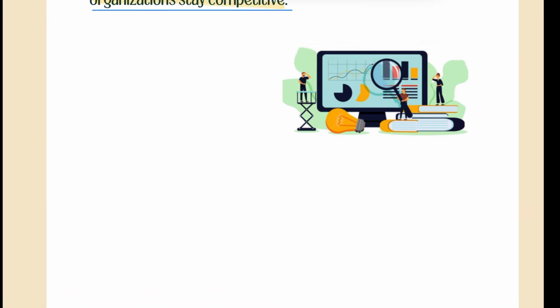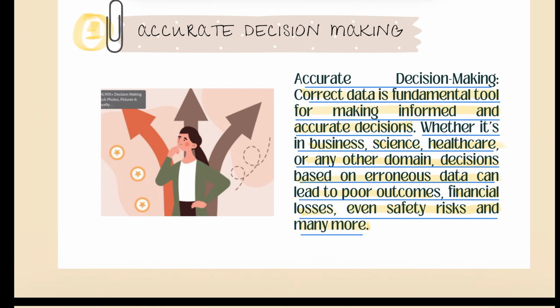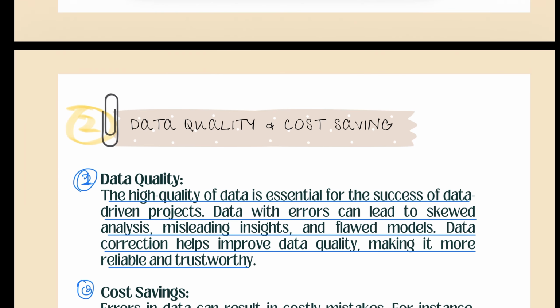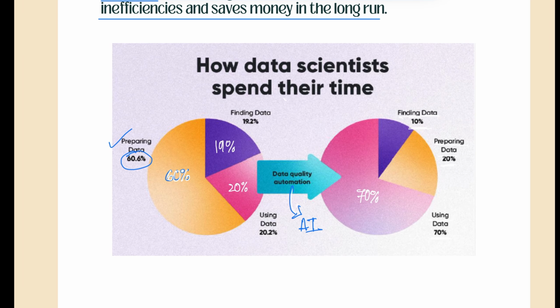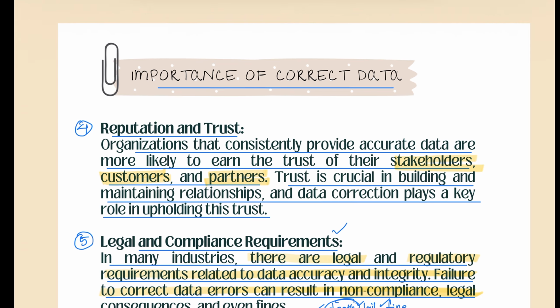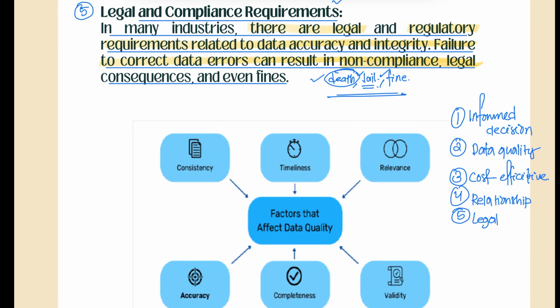So, what are the ten we studied till now? First one is accurate decision making. Second is data quality. Next is cost saving. Then it creates trust and reputation. Then legal and compliance requirements.